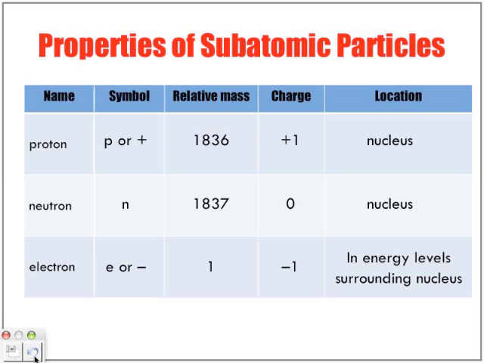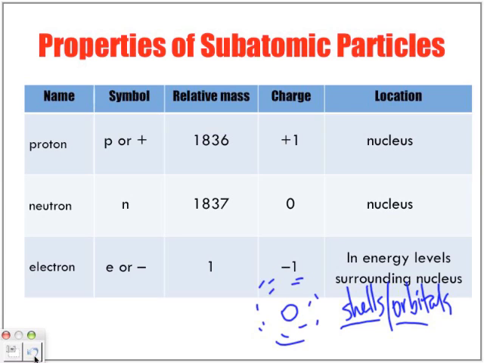According to the Bohr and Bohr-Rutherford diagrams, they are found in the shells or orbitals. But in any other way, here's our nucleus, with protons and neutrons in it, and all around here is where the electrons surround.